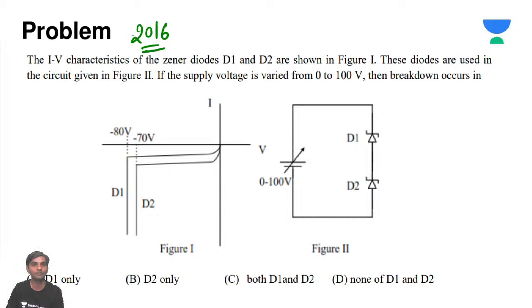Okay, come back to this problem. So what is being said, sir, is this is the IV characteristics of these two diodes D1 and D2. Both of them are Zener diodes. And they are in series.